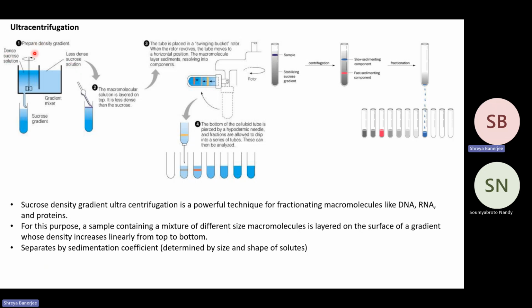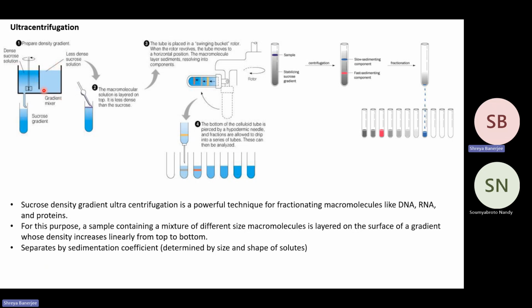Then there is something called ultracentrifugation, and it is a powerful technique for fractionating different macromolecules like DNA, RNA, and proteins. How this is prepared is that you have a vessel with a partition, and on one side you have a dense solution of sucrose, and on the other side a less dense sucrose solution.